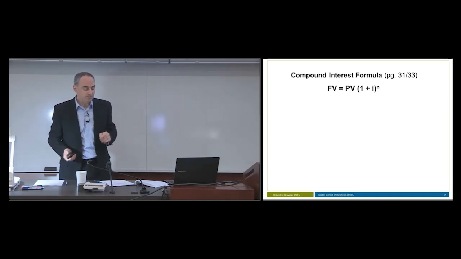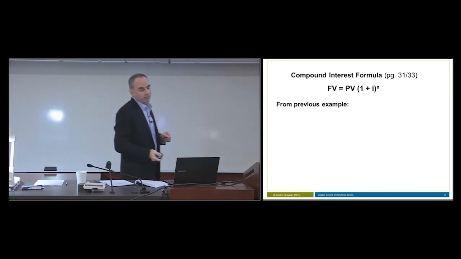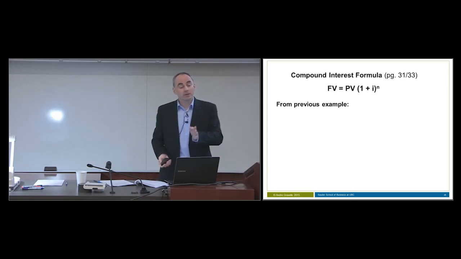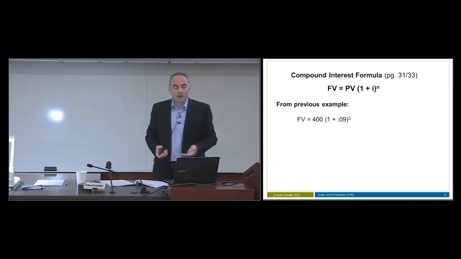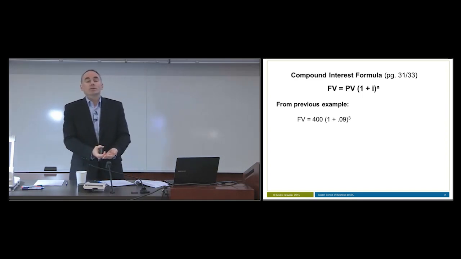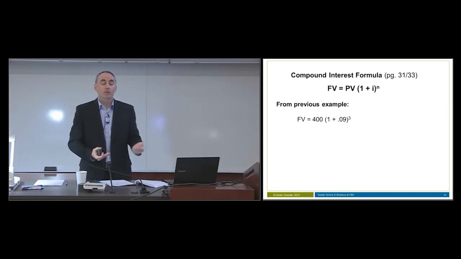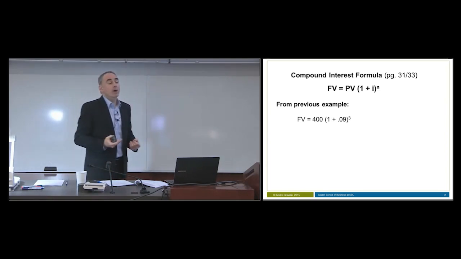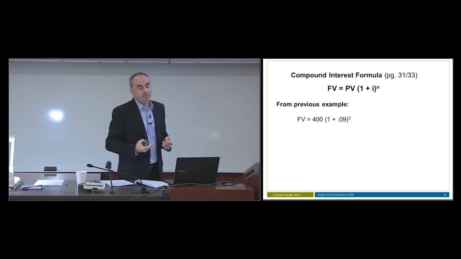So let's use this equation to solve that same example again. Let's just fill in the blanks in this equation. Future value now is equal to $400, that was our present value, multiplied by 1 plus the interest rate, still 9% or 0.09, raised to the power of 3, because there are 3 periods.